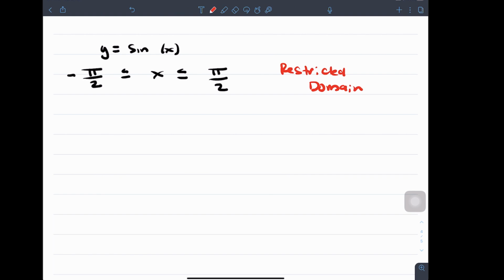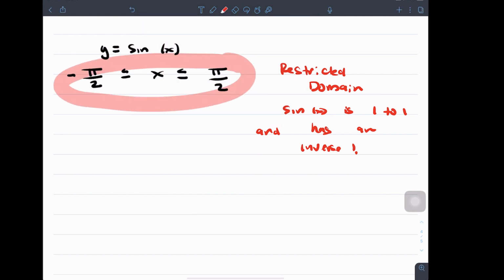And you say, why? So that sine is 1-to-1 and has an inverse. So right in here, this is that restricted domain.